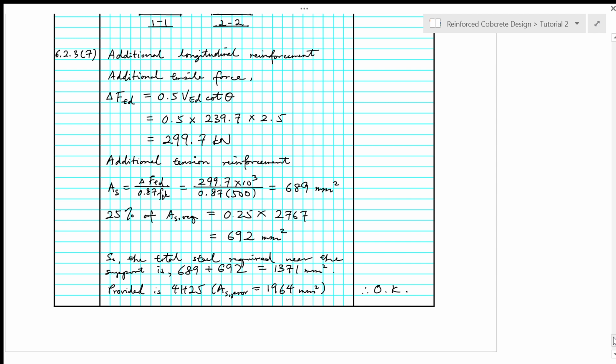So the required steel area is 1371 square millimeter for both shear and bending. So the provided is 4H25, which gives us provided steel area of 1964 square millimeter. So it's okay.